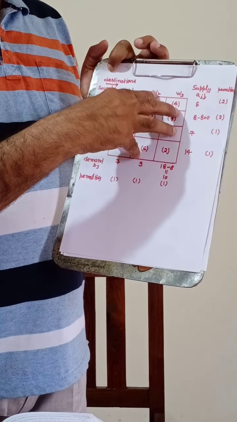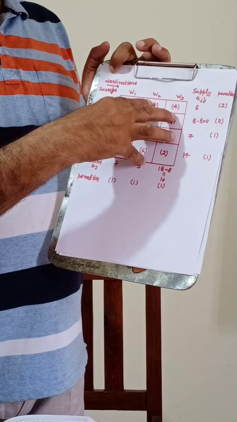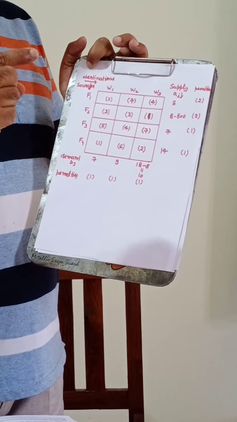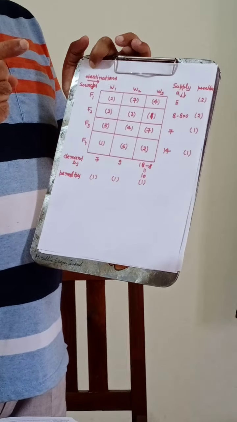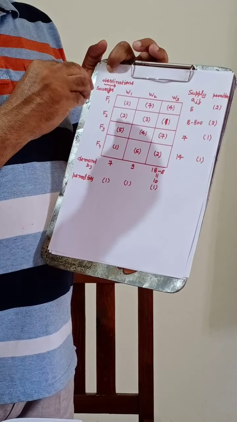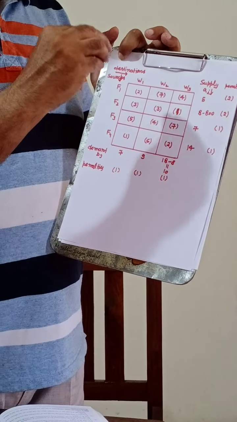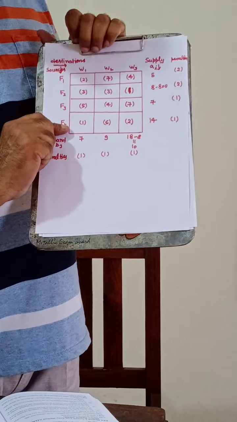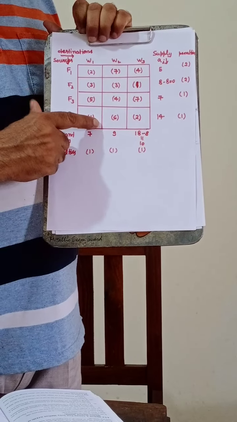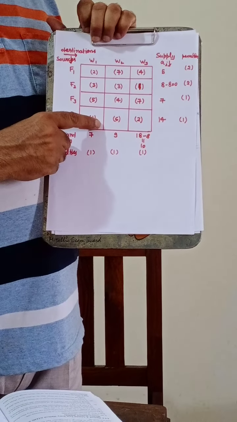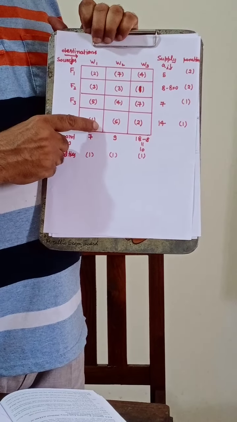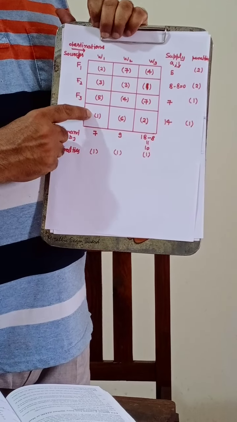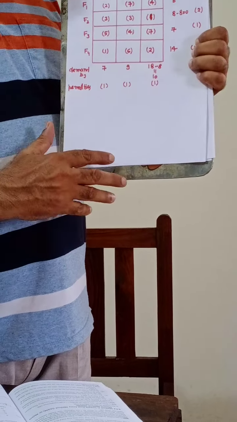So the cost matrix is a 4 by 3 matrix, and the cost of transportation of a unit of material from the ith source to the jth destination, Cij, is given here. Now we have to find the initial basic feasible solution of this problem by Vogel's approximation method. So we will start from step first.